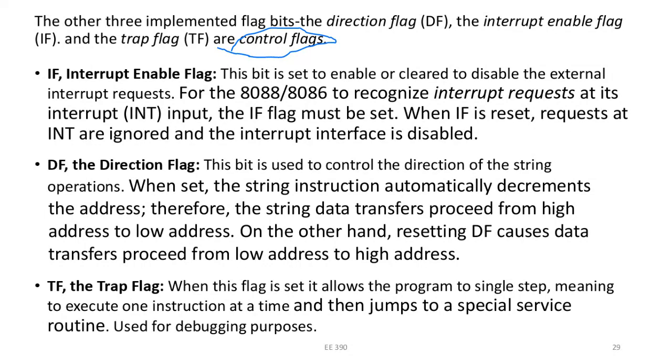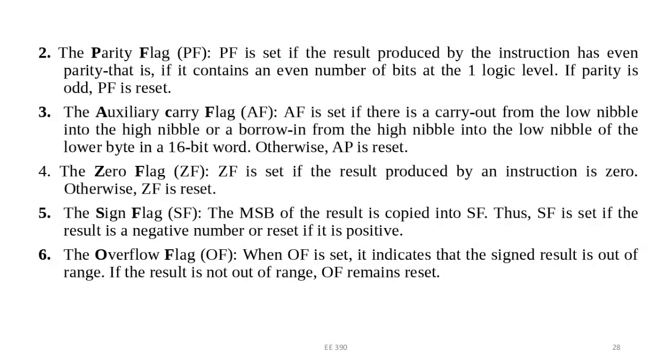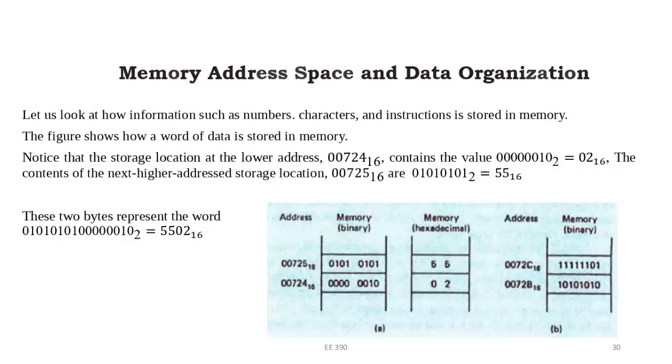That's why they are called control flags. The other six are called the status flags: overflow flag, sign flag, zero flag, auxiliary carry flag, parity flag, and carry flag. These are the six status flags, and all together they are the flag bits. So this is all from this chapter.